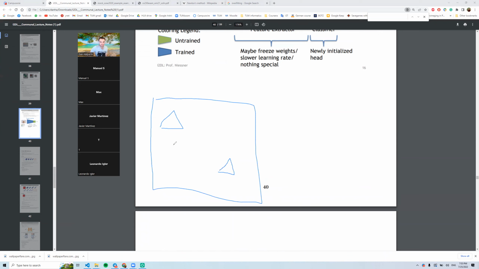I don't mean it was translated and rotated, just translated, moved in X and Y. All the pixels move the exact same way. This is translation. And remember, it's not invariant to this because the output will be different.